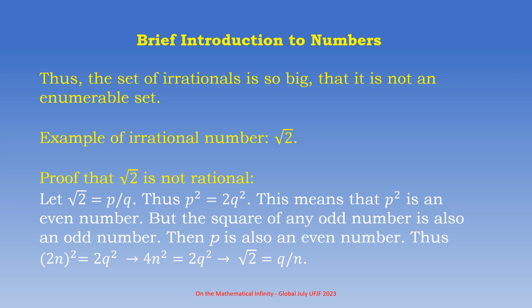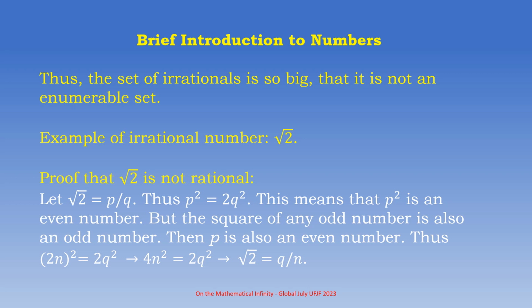That's it. If we take both sides of this equation squared, we will have this equation right here, P squared equals 2 times Q squared. And this means that P squared is an even number, because written in this form it is a number times another number. This is an even number, right? But the square of any odd number is also an odd number.